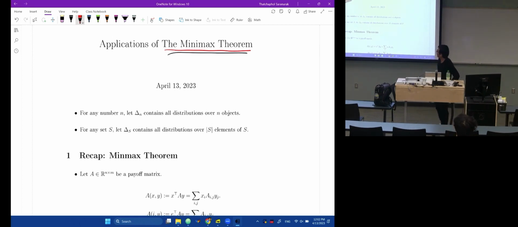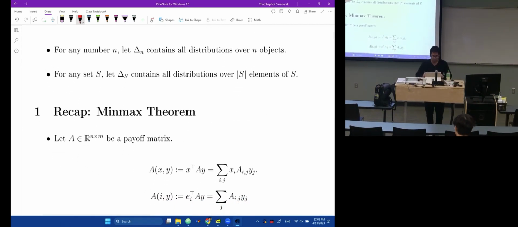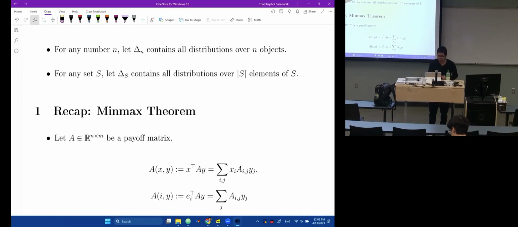Before we begin, let me set up the notation a bit. Just to remind you, for any number n, I will let this Δ_n, or simplex of n, be the set that contains all distributions over n objects.